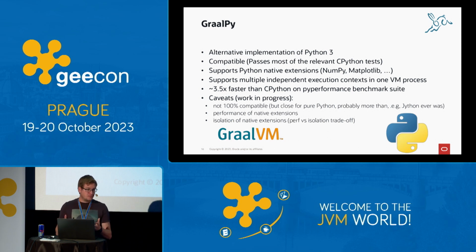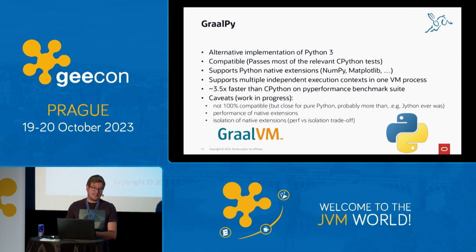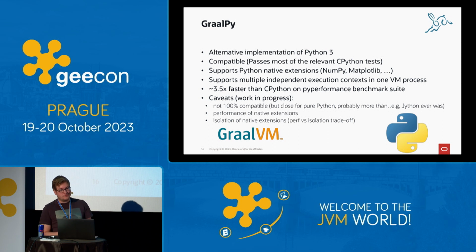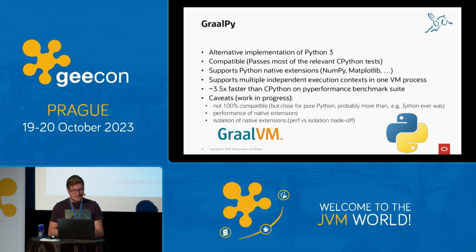It's an alternative implementation of the Python 3 runtime. It's quite compatible. It passes most of the relevant CPython tests. It supports Python native extensions, things like NumPy, Pandas, Matplotlib. As we've seen, it supports multiple independent execution contexts in one VM process. It's fast.